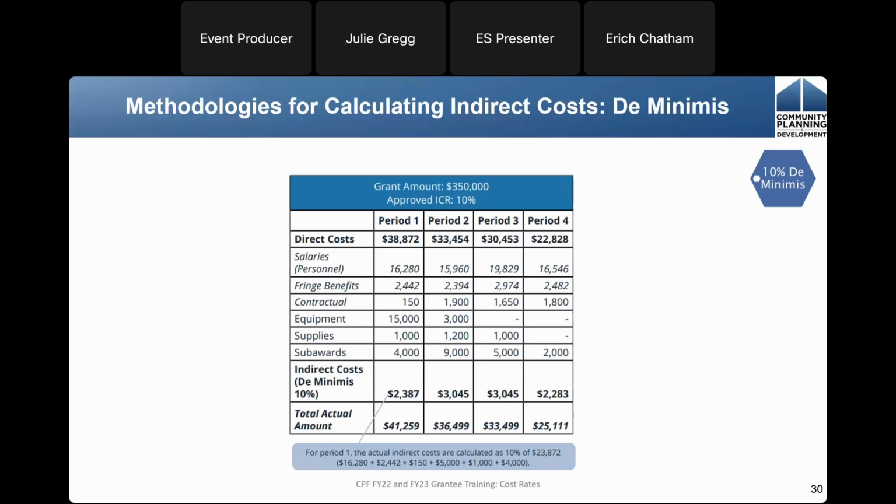So our rate then, we're calculating the modified total direct cost as the total cost in that column minus the equipment. The actual cost then is $23,872, and therefore 10% would be the indirect cost.